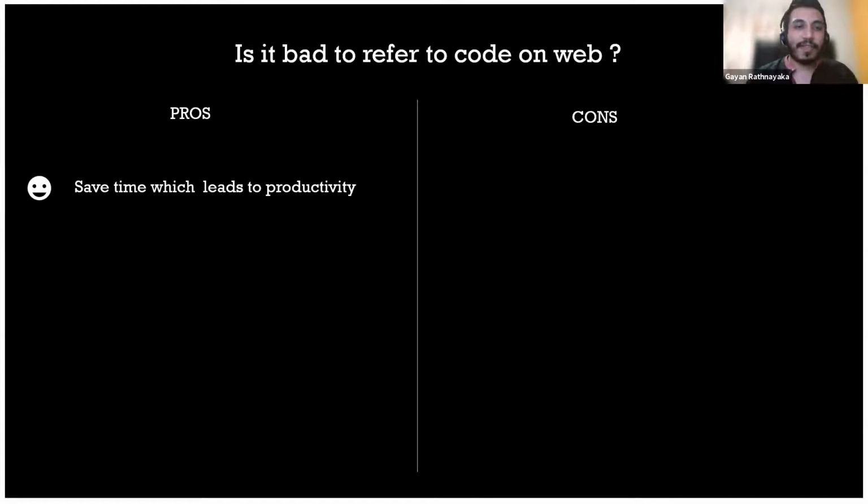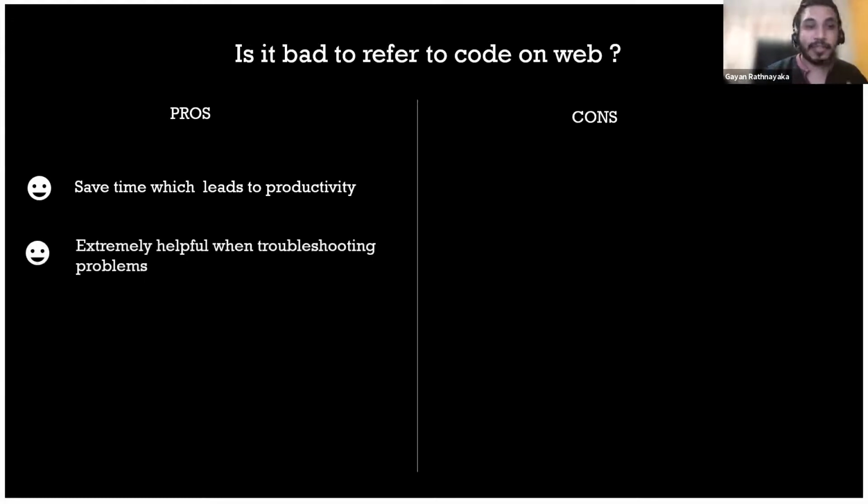So you have to speed up your process. That's why most people search for the answers on the web and try to find the best solution. And it's extremely helpful when you're troubleshooting problems. If someone here has troubleshot exceptions, when you get an exception, in the exception object you kind of have an idea, right?